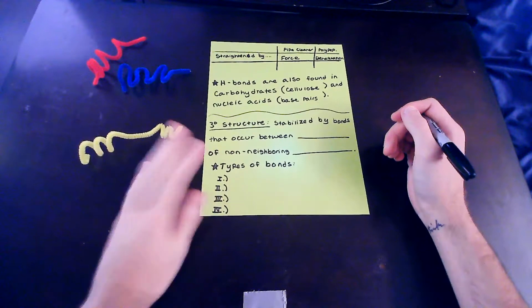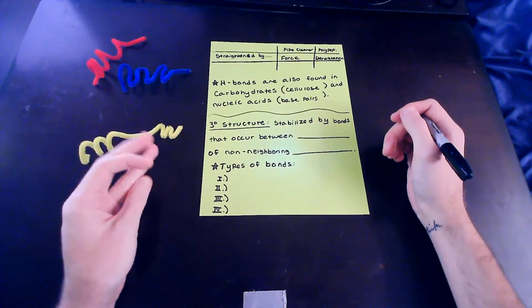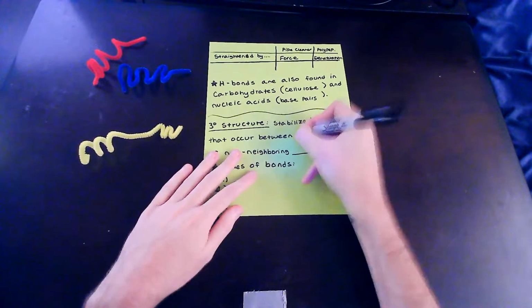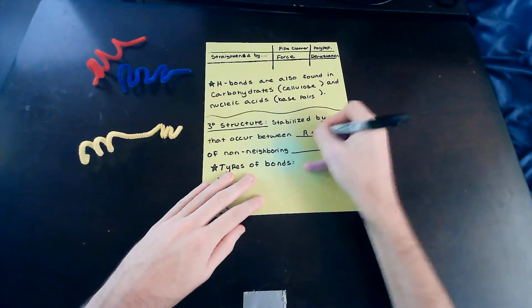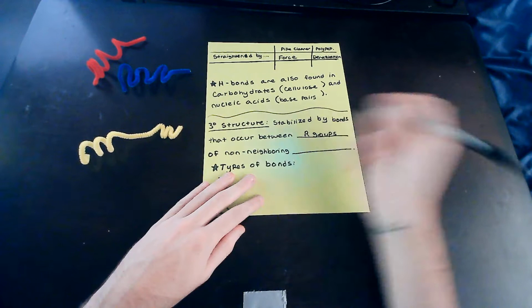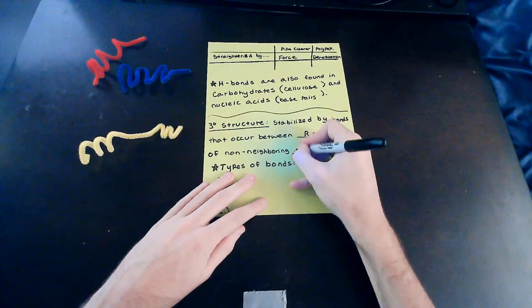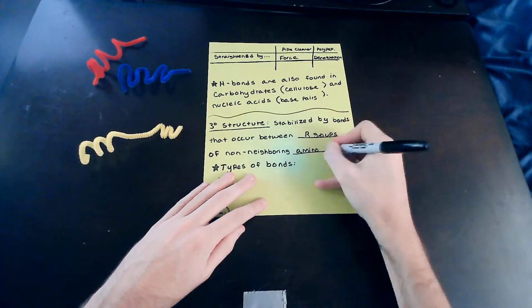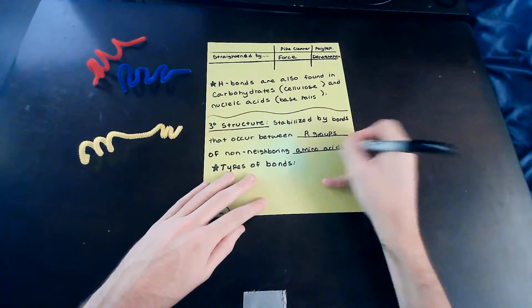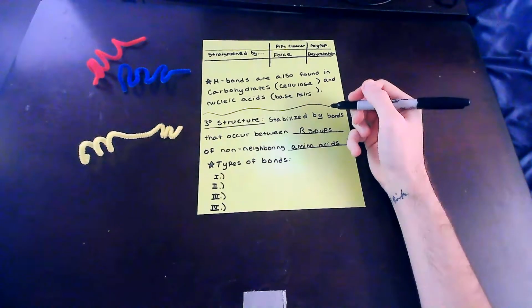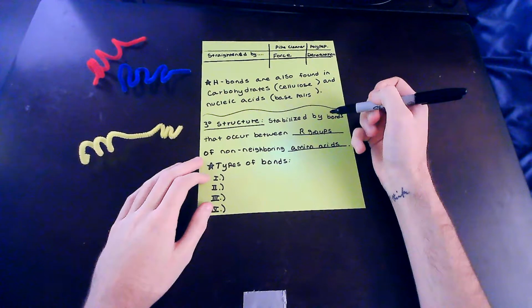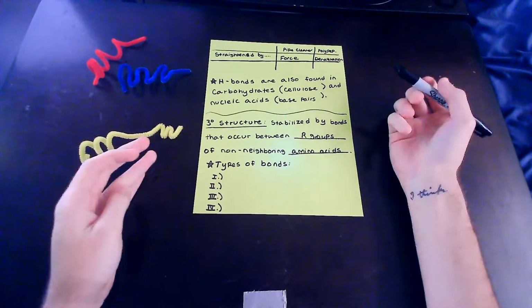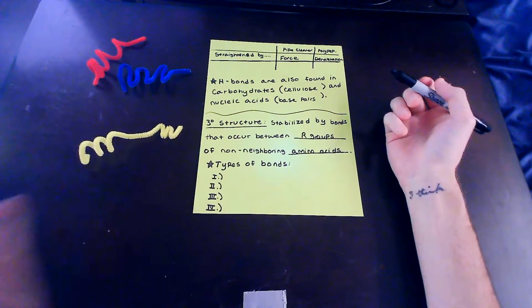Alright, so tertiary structure is stabilized by bonds that occur between the R groups, as we called them in the amino acid video, of non-neighboring amino acids. So that's the big confusion that students tend to have, is the difference between secondary and tertiary structure. A lot of students will say that secondary structure is just alpha helices and beta sheets.